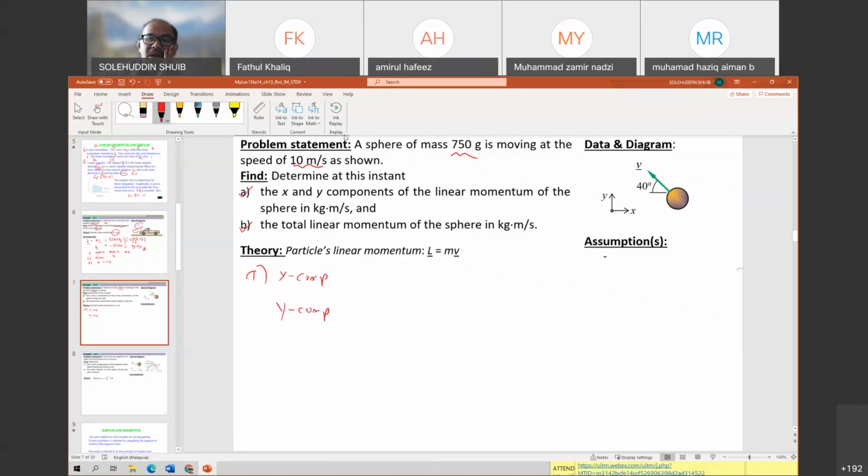We can resolve into x and y components. So Lx equal to mvx, and Ly equal to mvy. All right, this is the first part.